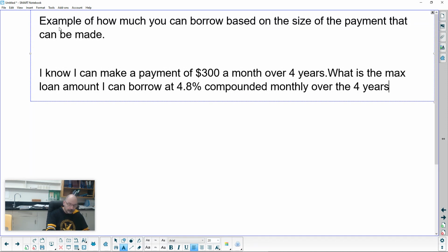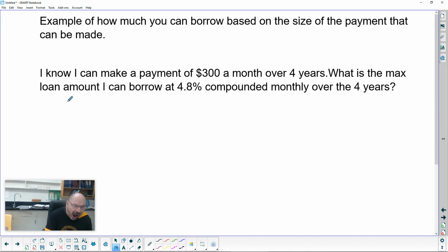Question mark. Okay, so this is the one where we're going to do the other equation now, finding the P value or the principal that you can borrow based on what you can pay in terms of payment sizes. So first thing we got to do is figure out this interest rate thing again. Okay, R is $300.